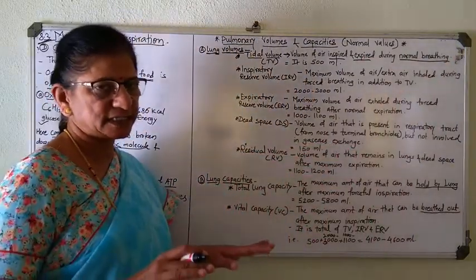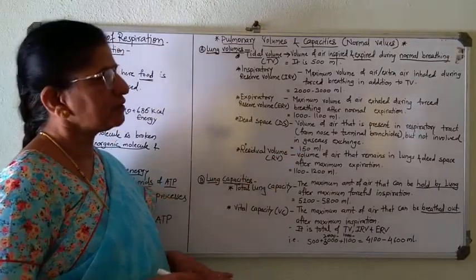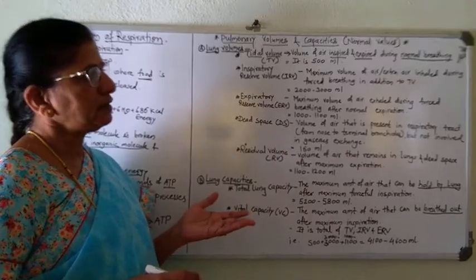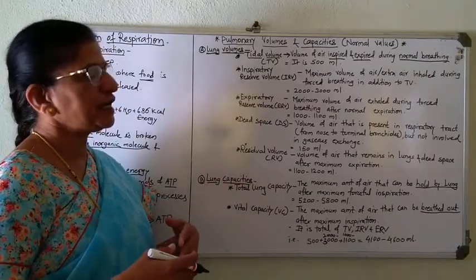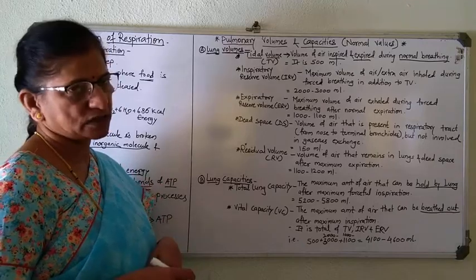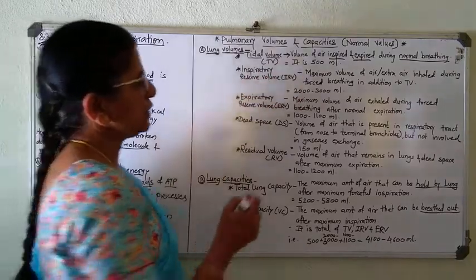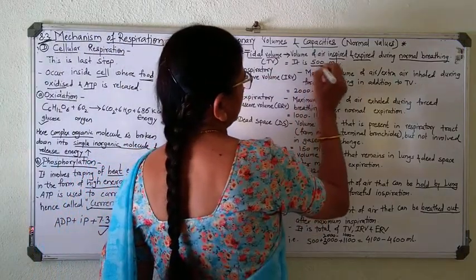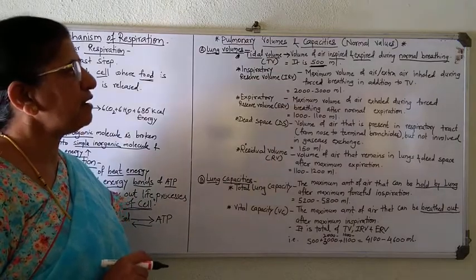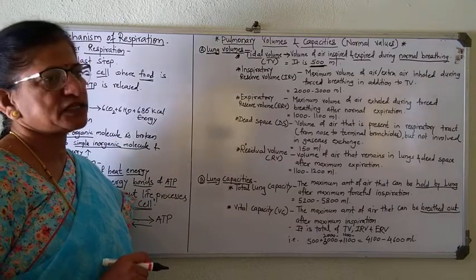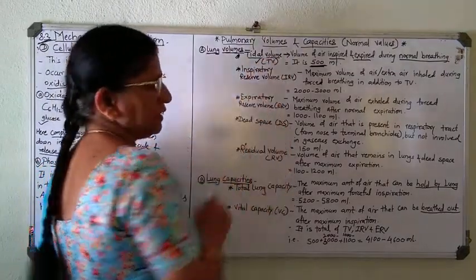When you are at rest, sitting in a chair or sitting in your bench, and your breathing is going on, during which the inspiration and expiration cycles occur, about 500 ml maximum air is inspired and expired. That is called TV or tidal volume.